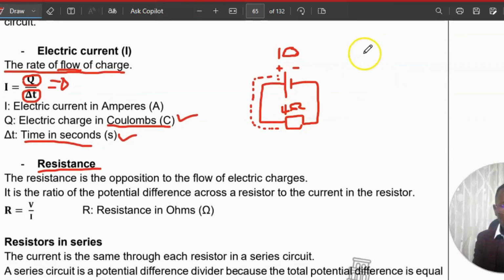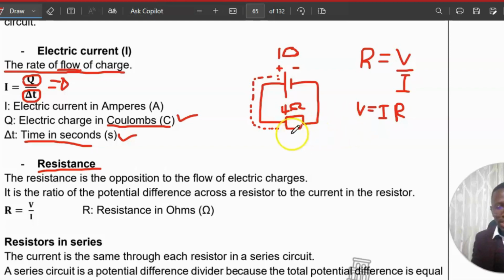So according to Ohm's law, resistance is equal to V over I, and V is equal to I times R. According to Ohm's law, whenever we have a circuit or a wire at constant temperature, the potential difference, which is the energy required to move a charge, is directly proportional to the speed of the charge.